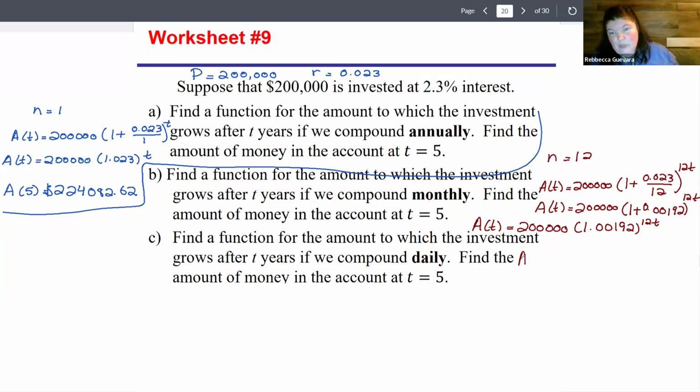Okay, so if we went A of 5, we're going to change T to a 5. The exponent is going to be 12 times 5, so it's going to be 60.